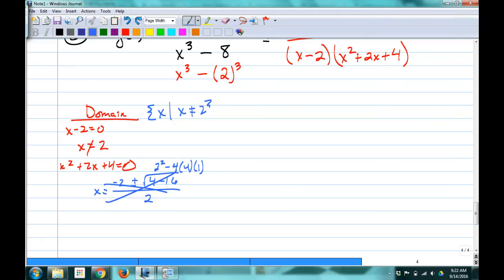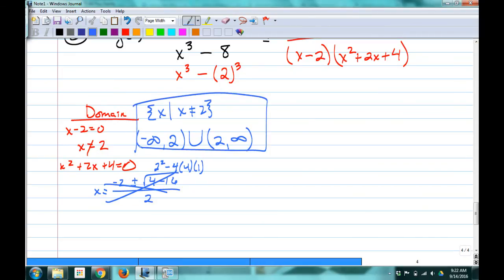Oops. And let's do the interval. Negative infinity to 2, 2 to infinity. Well, my 2 didn't look like a 2 there. There's my domain.